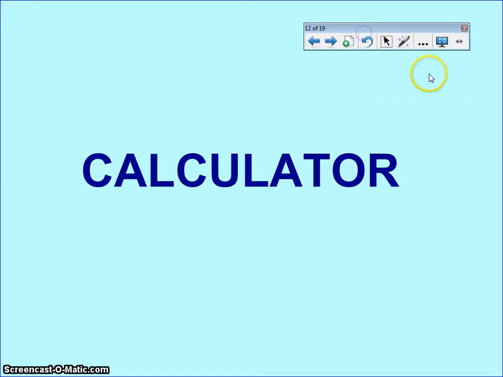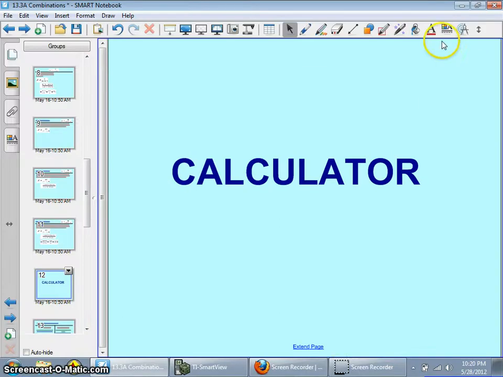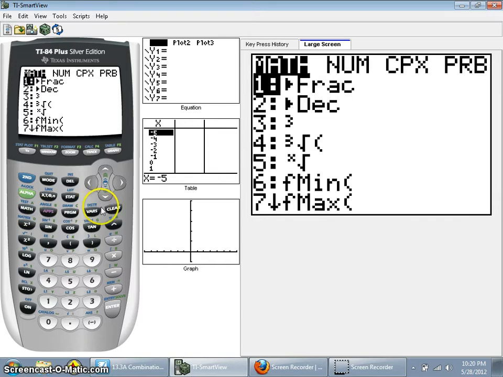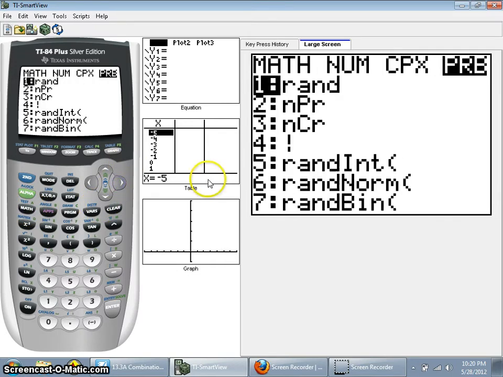Getting close. Okay, calculator. Your calculator can do this for you. On your TI-30X IIS, it'll fall under that same PRB button that is diagonal from the second key. However, I have this virtual calculator here that is the graphing calculator, and it's a little bit more fancy, but I can find the same menu under this math button right there, and if I scoot over to probability, you'll see an nPr, an nCr, and a factorial, just like you have under the PRB button on your TI-30X IIS.